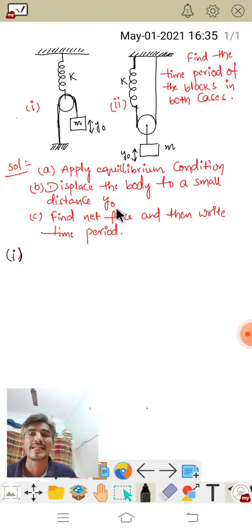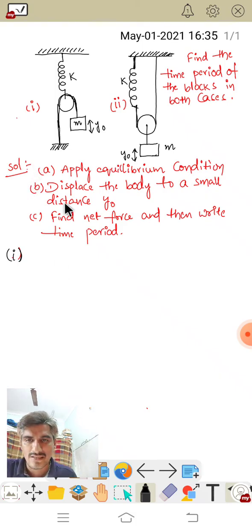If you want to find the time period, then we have to follow certain steps. First one, apply the equilibrium condition. Equilibrium condition means, as soon as we hang the mass to it, due to its weight it comes downwards to a displacement y naught and comes to equilibrium.